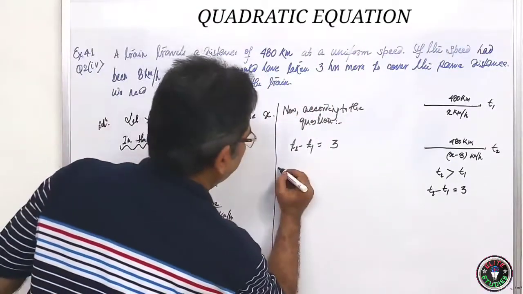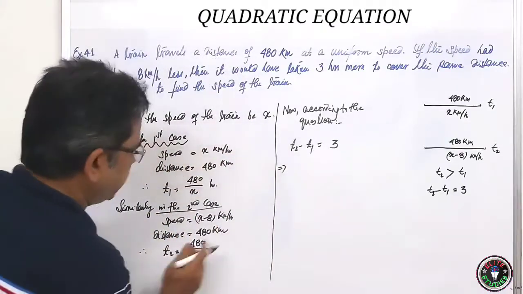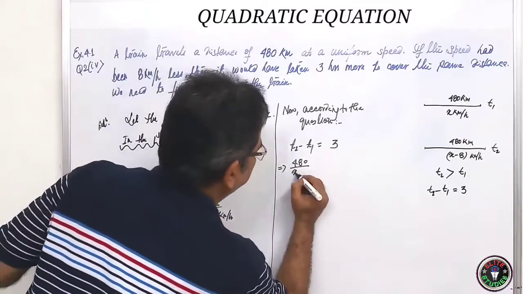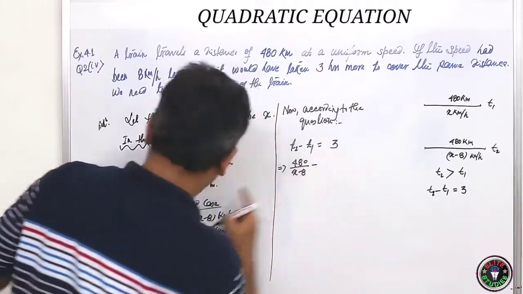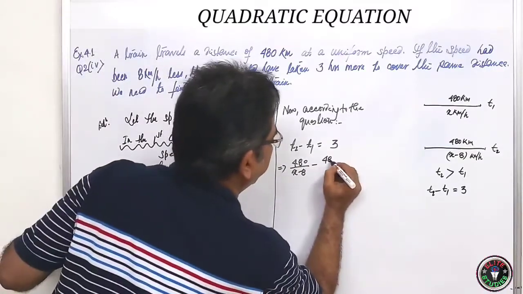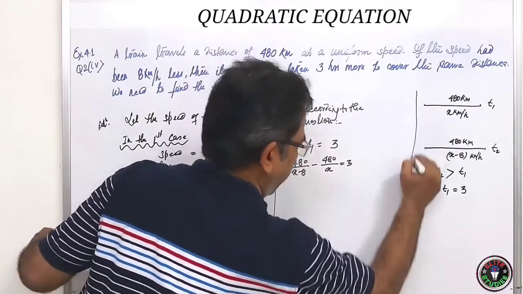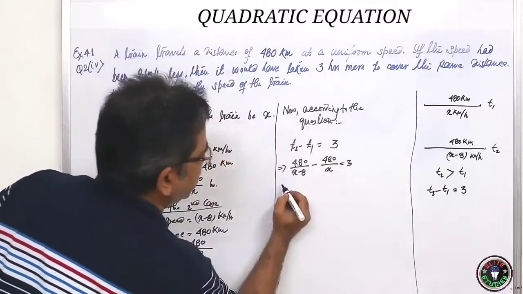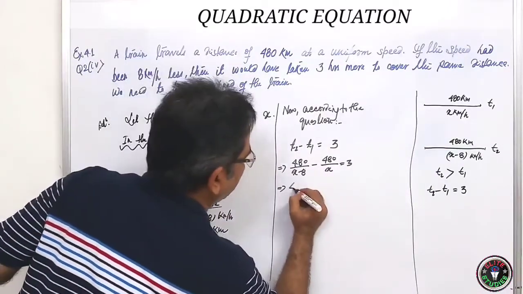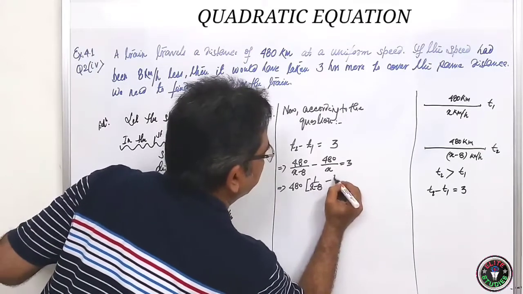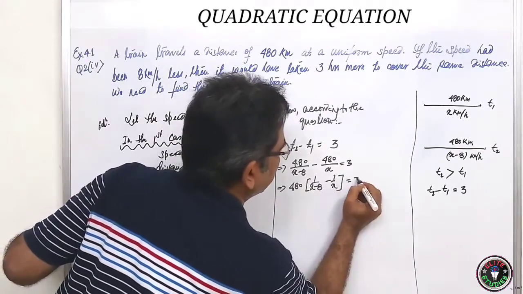So putting these values, what we will get? t2 is equal to 480 by x minus 8, minus t1, which is 480 by x, is equal to 3. So you can take 480 common. It will be 1 by x minus 8 minus 1 by x is equal to 3.